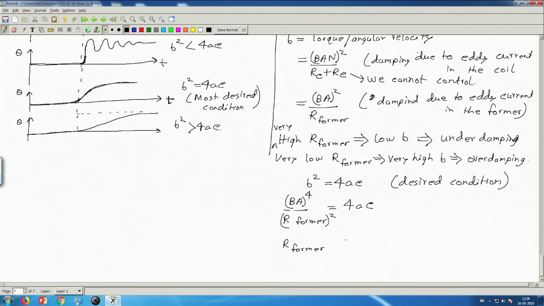You can choose it to be equal to BA square divided by root 4AC. Okay, so this is the desired critical damping.